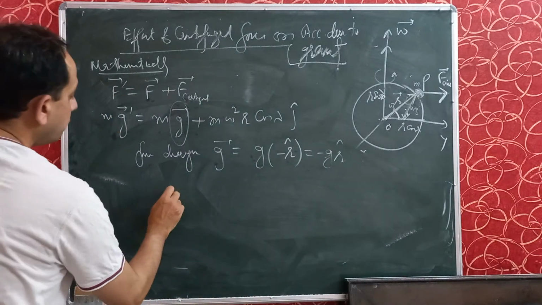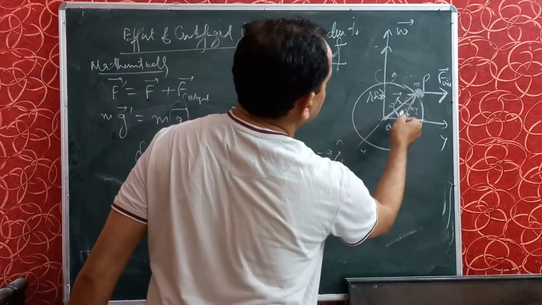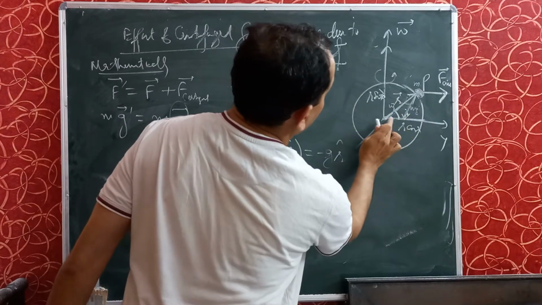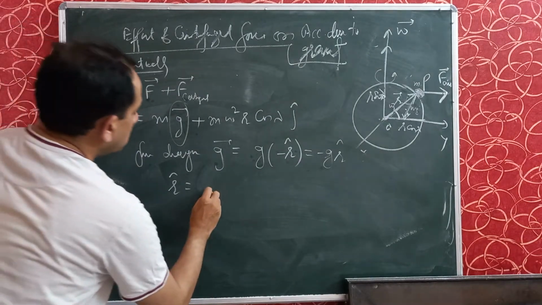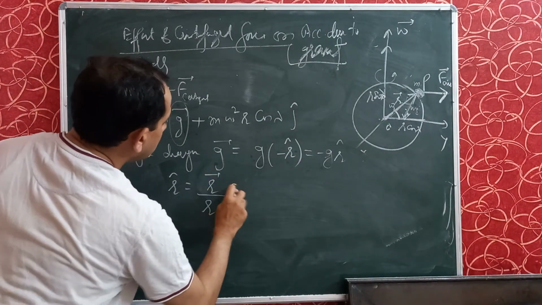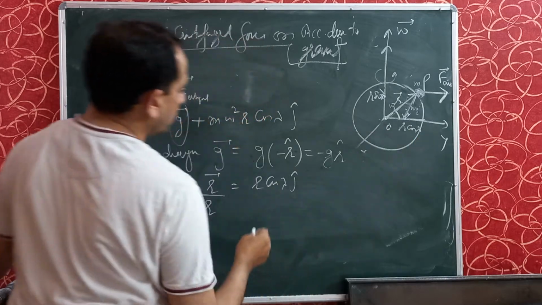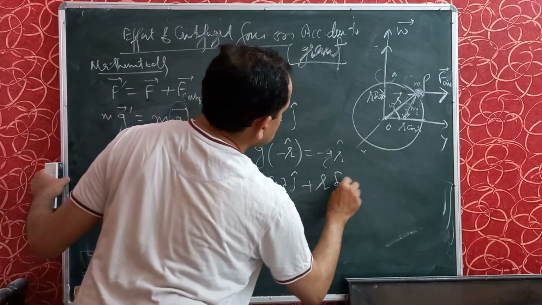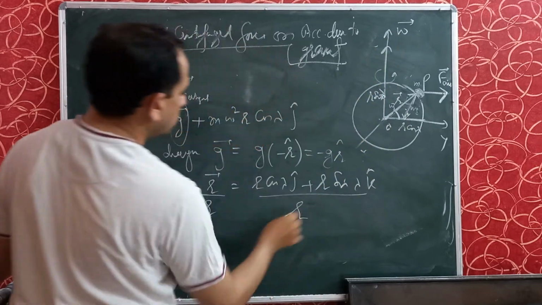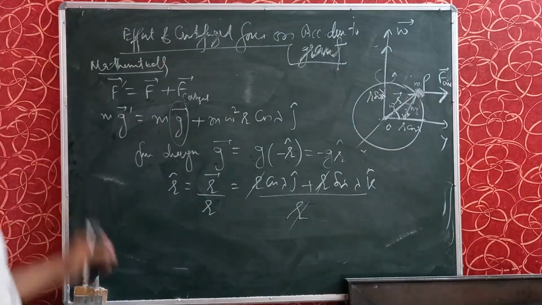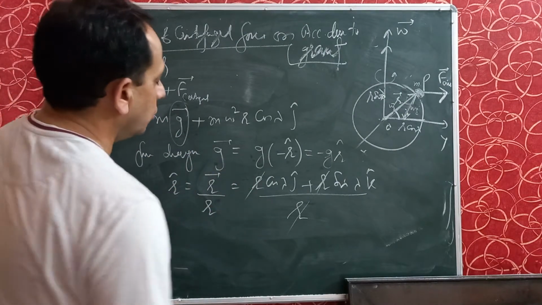So what is r cap? This r vector has two components, r cos lambda and r sin lambda, and r cap is r vector upon r magnitude. So r cos lambda j, because it is along the y axis, and r sin lambda into k, it is along the z axis, over r. So this r will cancel with the denominator r.